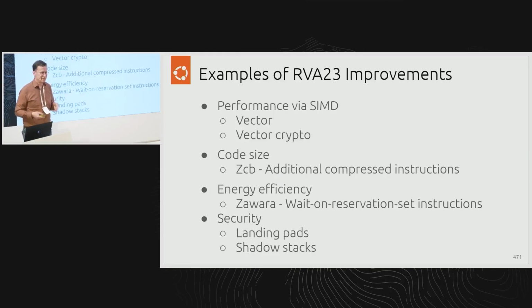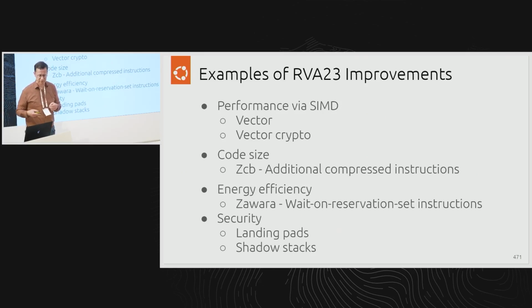The one thing is increasing performance via single instruction, multiple data. So we have vector instructions as an optional part, also vector crypto. There are extensions coming now for reducing the code size further, so that one can replace some of the 32-bit instructions by 16-bit. There is an extension to improve energy efficiency.